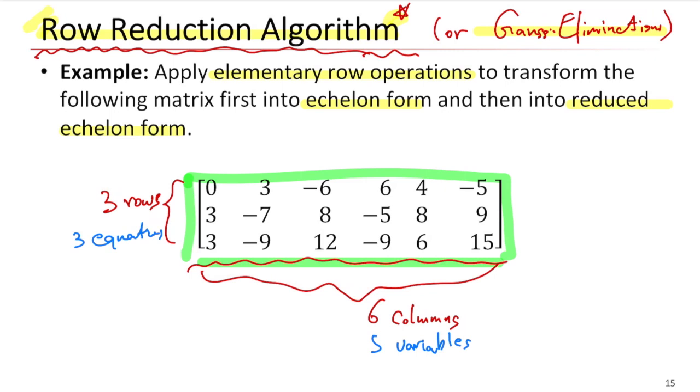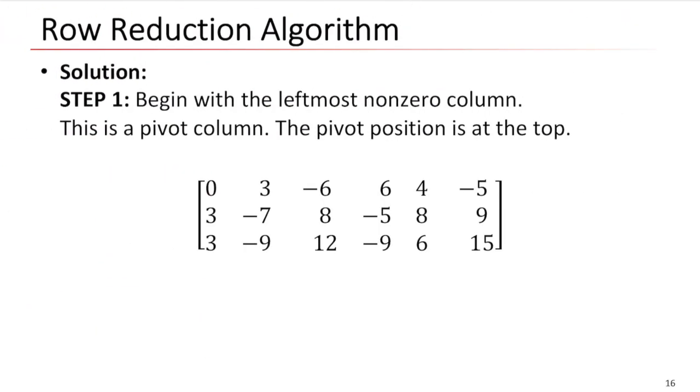So what I want to do first is make this original matrix into echelon form. Step 1 is to begin with the leftmost non-zero column. In this case, this is the leftmost non-zero column, right? Let's say this is the pivot column, and the pivot position is at the top.